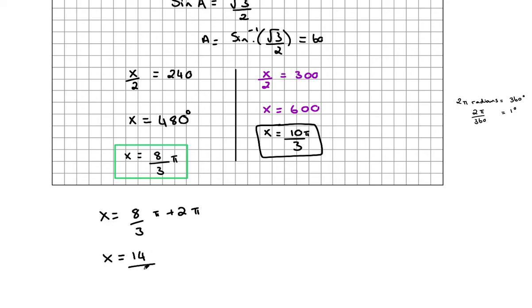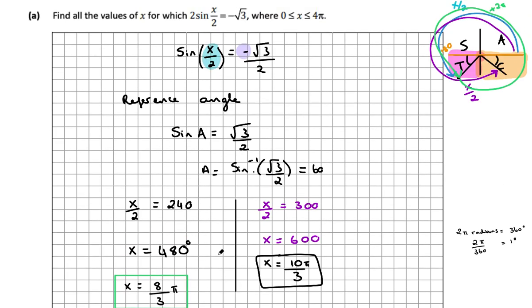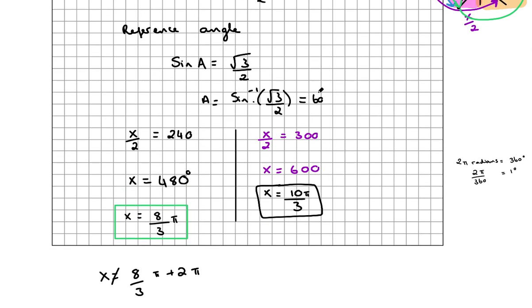Okay, so you can check that that doesn't exceed your 4 pi. 4 pi is 12.56. 14 over 3 pi works out to be 14.6. So actually in that case we can't add on our 2 pi because that's greater than 4 pi. And they said to stop when we get to 4 pi.